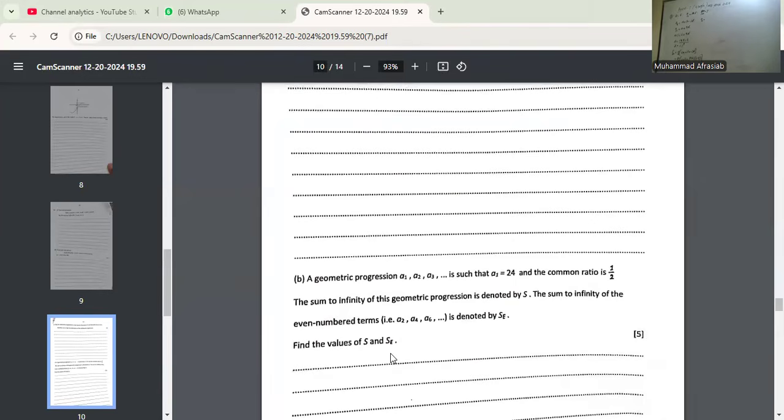The B part. A geometric progression has terms A1, A2, A3 and so on, where A1 is equal to 24 and the common ratio is half.